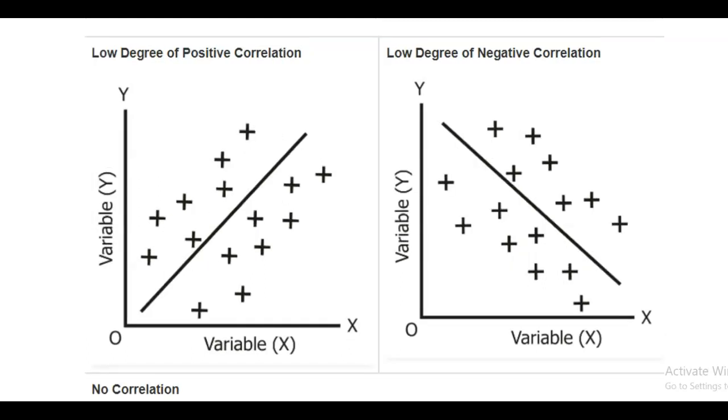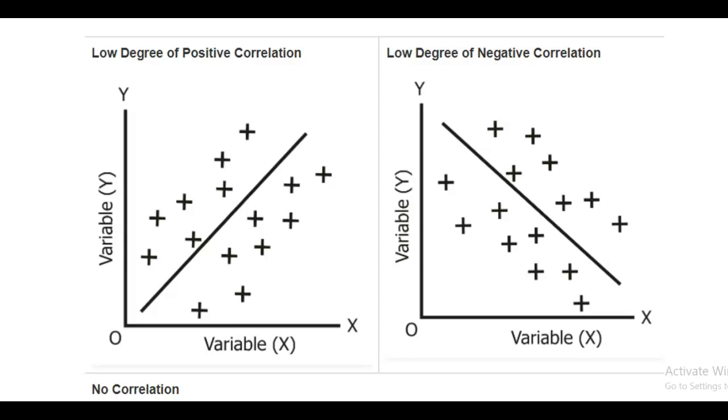Next one, low degree of positive correlation. For all the positive correlations, the line goes from bottom to top, and depending upon how the points are plotted or scattered, we will define it as perfect positive correlation, or high degree positive correlation, or low degree positive correlation, right? In low degree positive correlation, the points are spread out along the line.